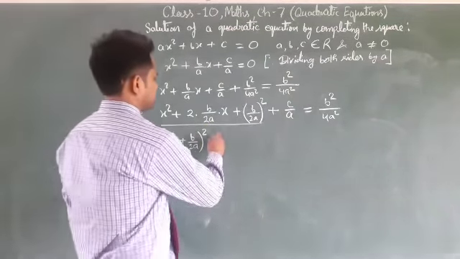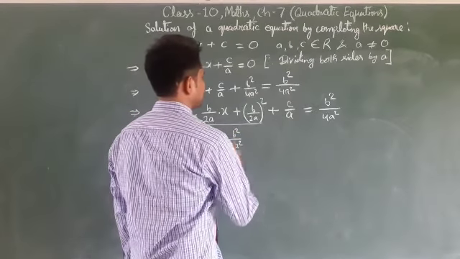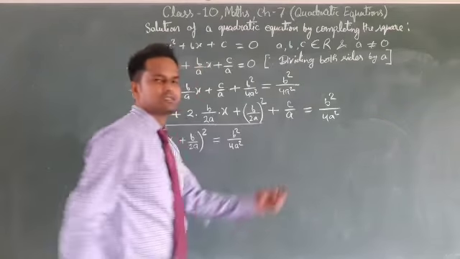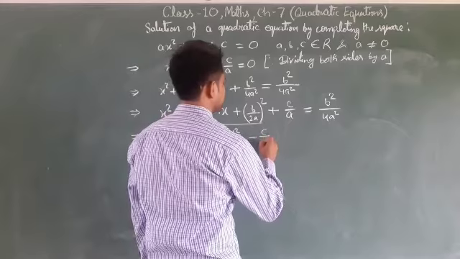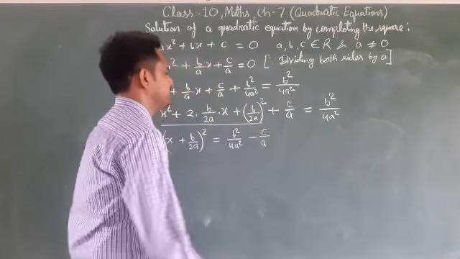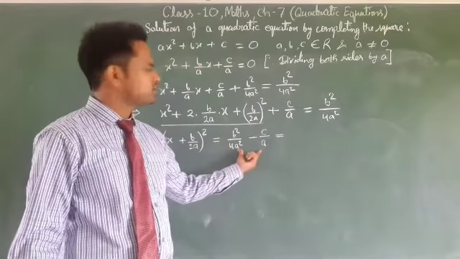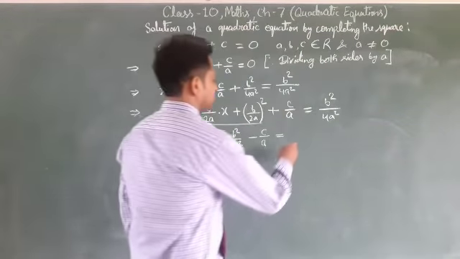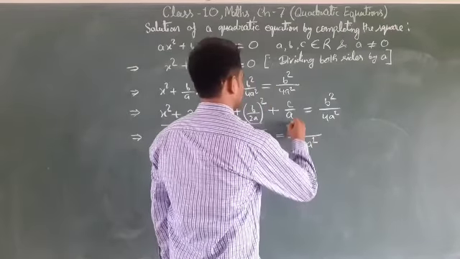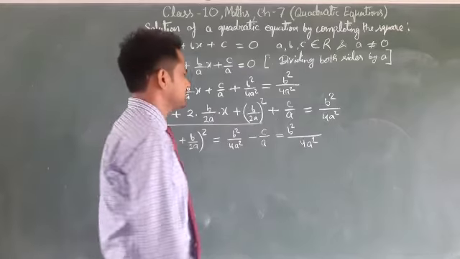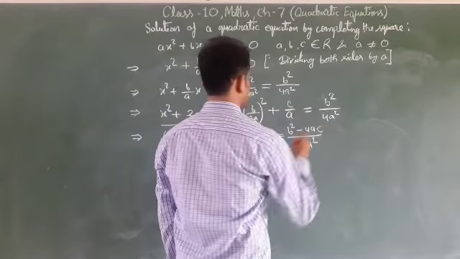Got it? And b square upon 4a square, c by a, if we transpose c by a on the right hand side, then this will become minus c by a. Got it? And if you take the LCM of the denominators of both fractions, then this can be written as b square minus 4ac.